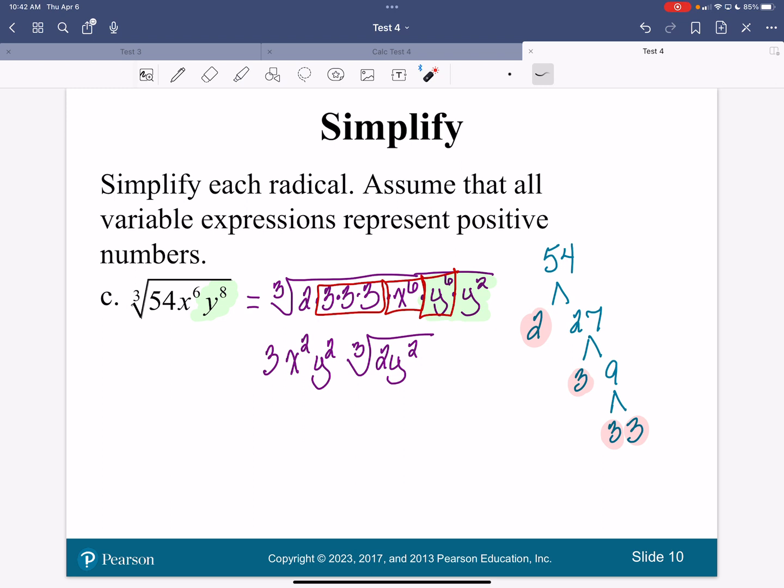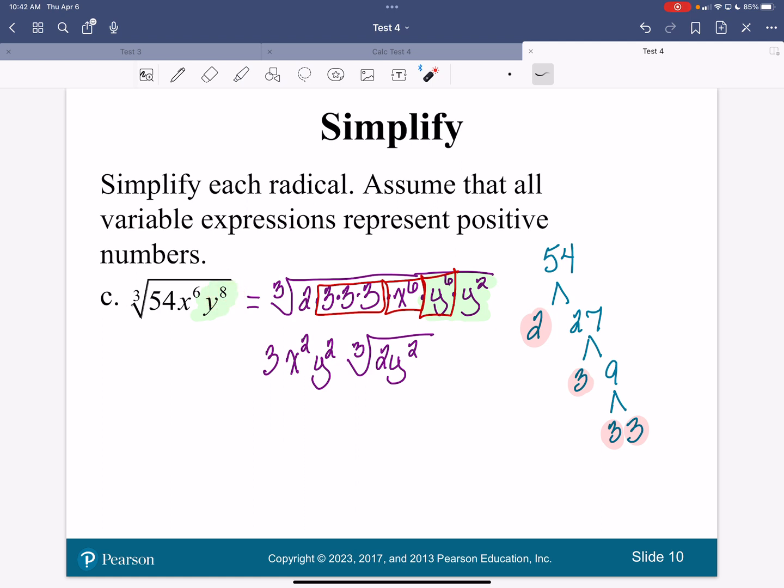Oh, good. So what I did right here, you're talking about this y to the 6th and y squared. I looked at this y to the 8th, and I knew that I was taking the cubed root of y to the 8th. So what I had to find was the highest multiple of 3 that was not larger than 8. Okay?